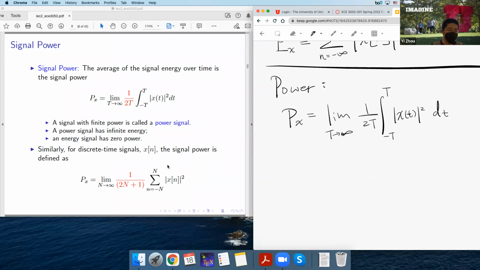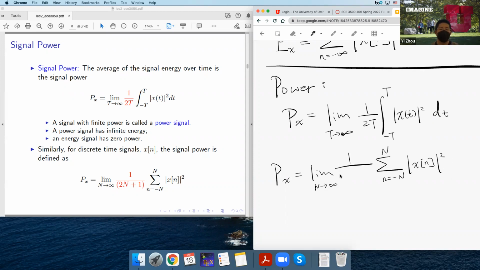And similarly for discrete signals, we have a very similar definition. So we are summing up the signal energy over an interval from negative N to capital N, and then we are dividing this by the length of the interval.